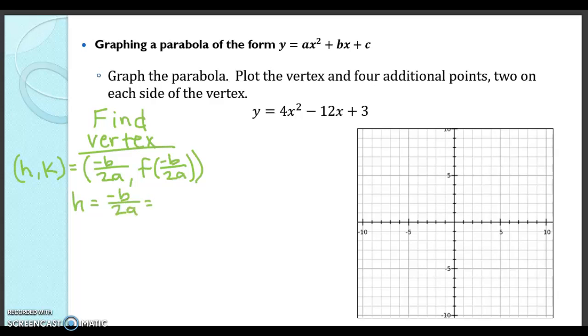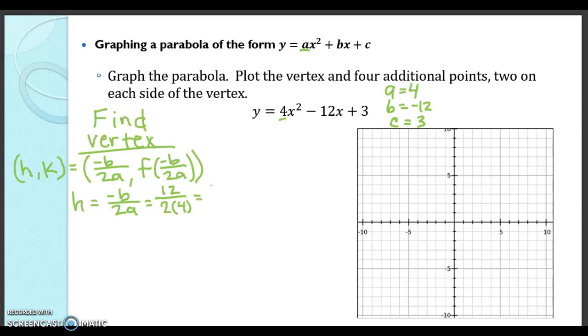and let's identify what a, b, and c are. So a here for our function is the number in front of the x², as defined here. So that is 4. B is the number in front of the x, which is negative 12, and c is 3. So negative b is going to be a positive 12 because it changes the sign, and then 2a is 4.